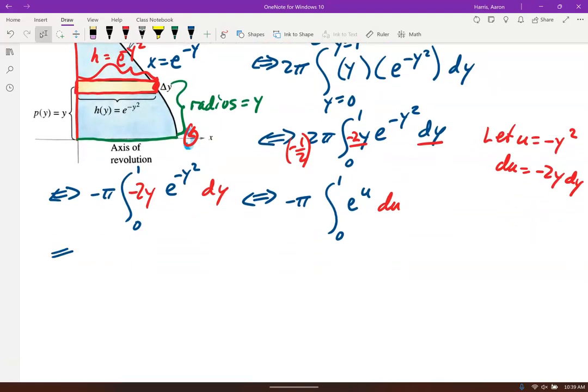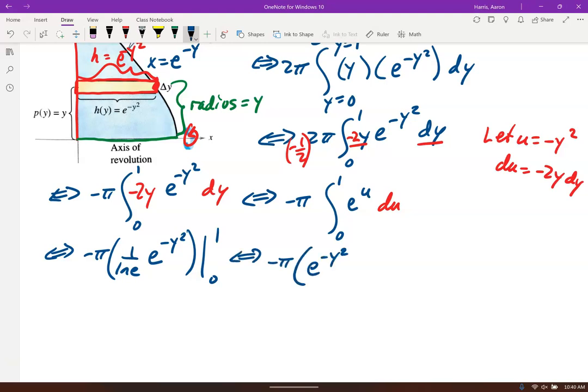And so we got, let's run it now, negative pi. The integral of e to the u is e to the u over ln of e, which is just 1 over 1. E to the u. Well, u is negative y squared from 0 to 1. So we got negative pi e to the negative y squared from 0 to 1.